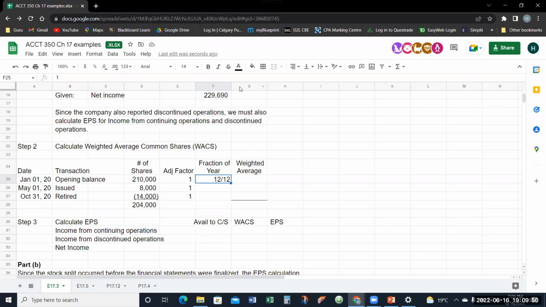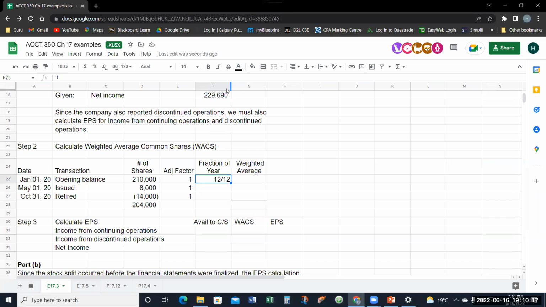Don't be too scared if you can't show that as a fraction. You can just type in 12 divided by 12, and it will show up as 1 as the fraction of the year. If I had half a year, the fraction, if it's showing up as a decimal, will be 0.5, and so on. I'm able to show it through a special formatting in Excel.